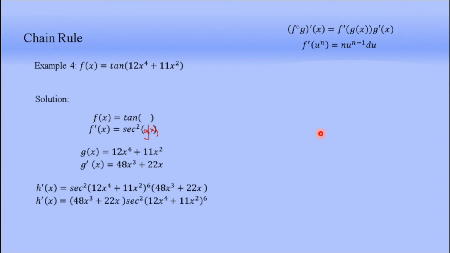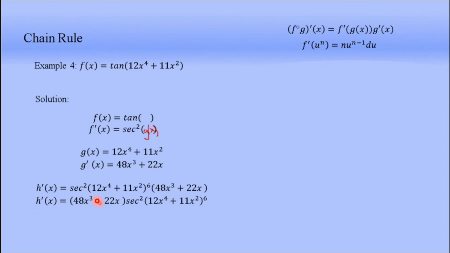And so remember that with trigonometric functions, the first term should always be a constant. And so the constant in this function is 48x cubed plus 32x.